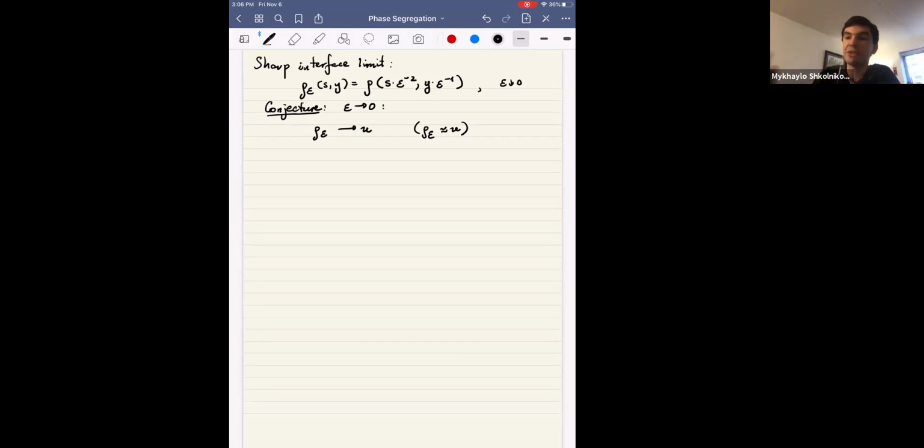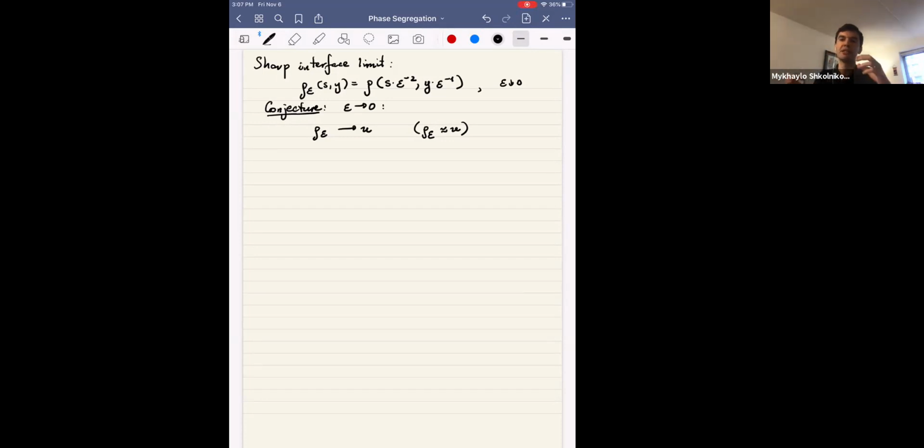So right, in the paper, Giacomin and Lebowitz present a justification for this conjecture, or derivation, which is based on a formal asymptotic expansion. So it's not a rigorous proof, but it strongly suggests that this conjecture should be true.